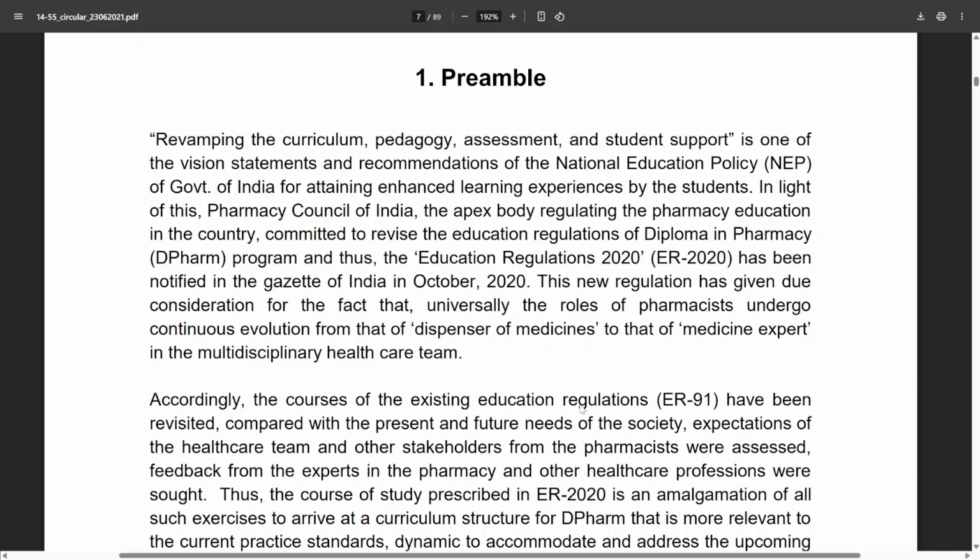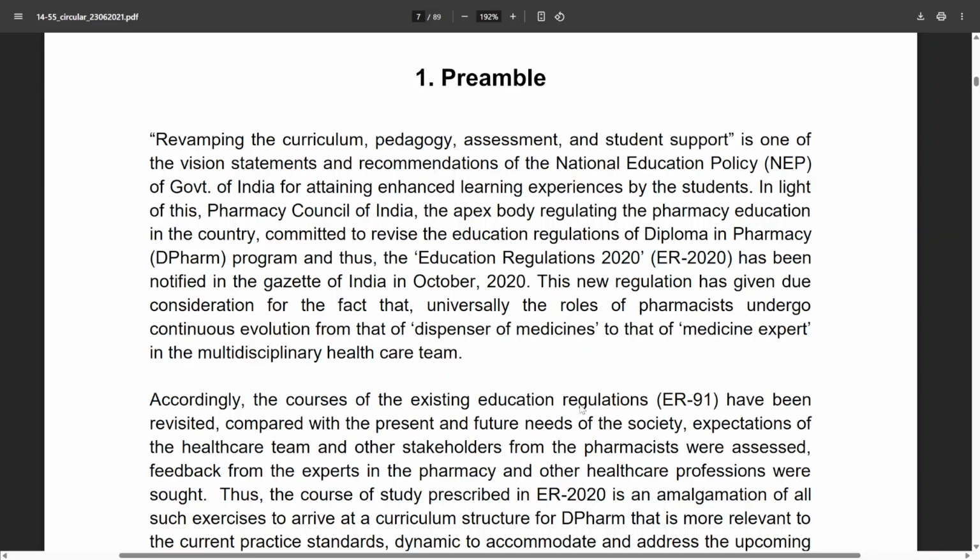Revamping the curriculum, pedagogy, assessment and student support is one of the vision statements and recommendations of the National Education Policy, NEP, Government of India, for attaining enhanced learning experiences by the student. In light of this, Pharmacy Council of India, the apex body regulating the pharmacy education in the country, committed to revise the education regulation of Diploma in Pharmacy (DPharm) program, and thus the Education Regulation 2020 (ER20) has been notified in the Gazette of India in October 2020.